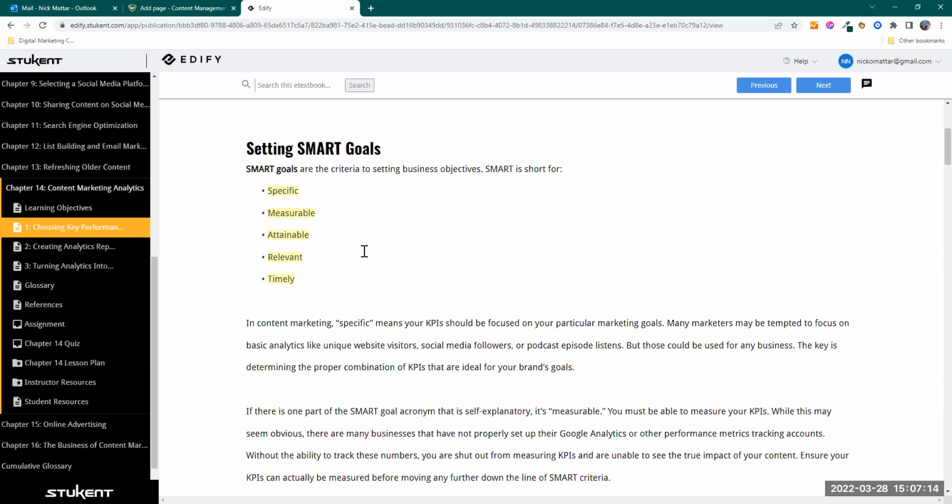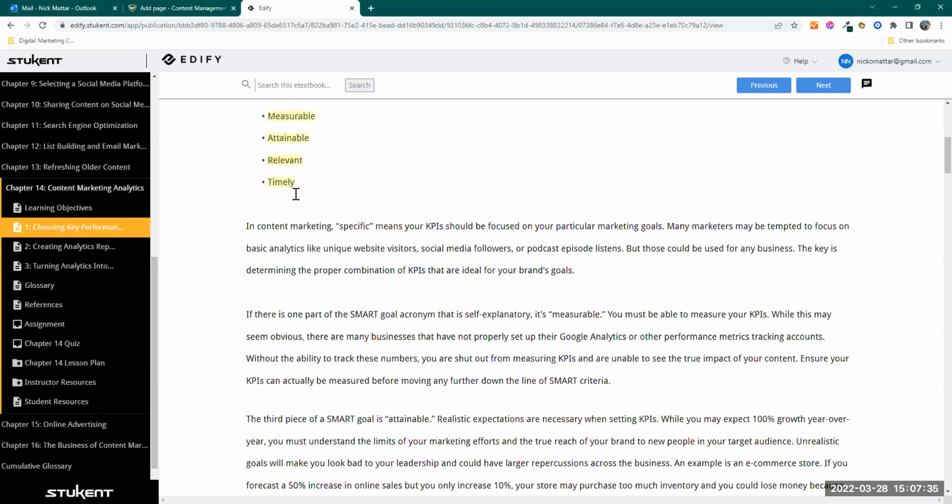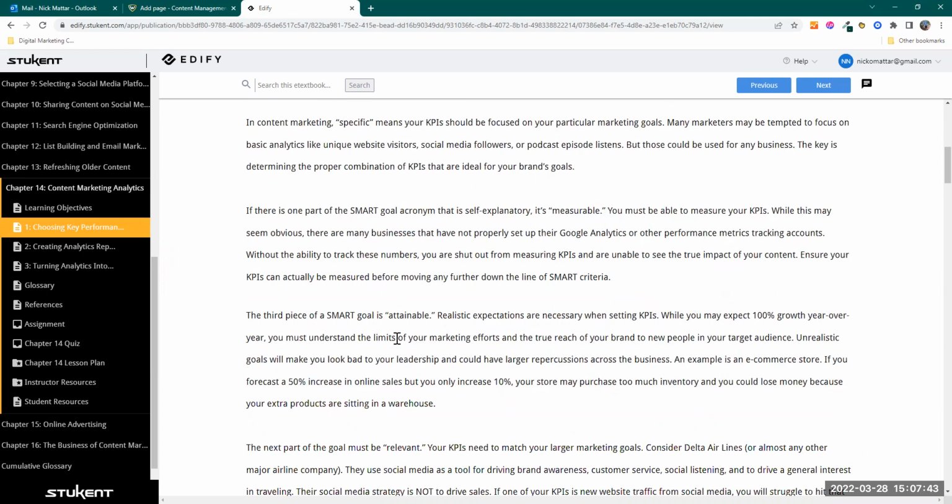So, for example, if your brand strategy is rooted in brand awareness, but your KPIs are focused on revenue, your content marketing is going to be misaligned, straight up. And really, to avoid that, you need to make sure that they are relevant. Now, again, there's this definition here of timely, which of course means that you're actually setting some timelines on these, going by month, by year. You just need to know what the start and the end date are.